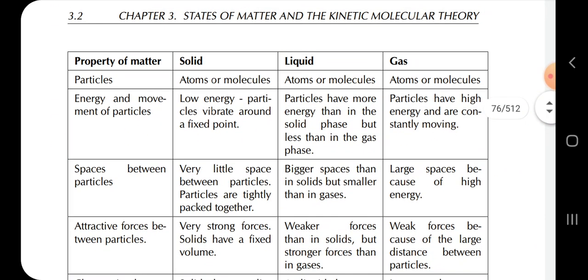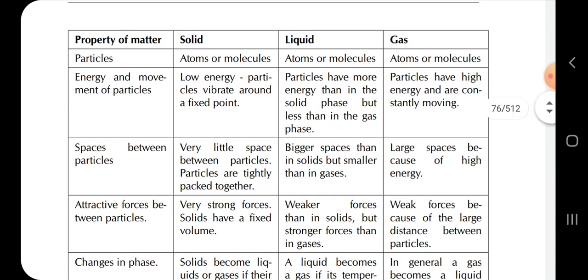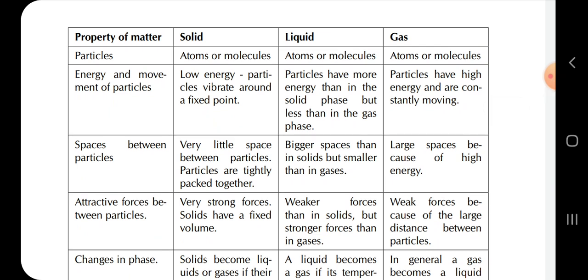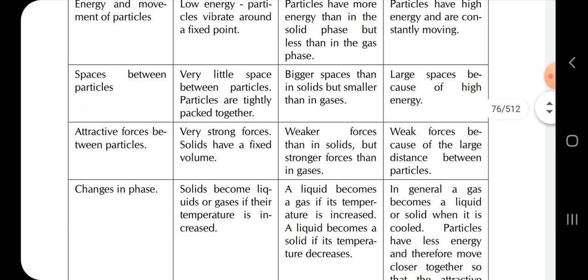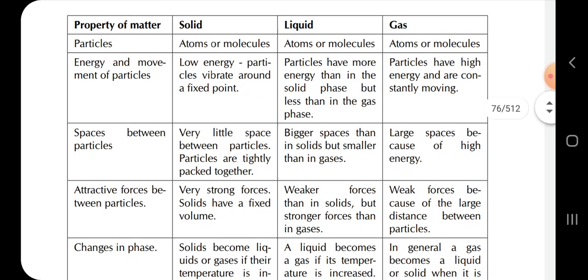Now let's look at the properties of matter. We have solid, liquid, and gas. We're going to look at the properties of matter: particles, energy and movement of particles, space between particles, attraction force between particles, and change in phase. So for the particles, in solid they are atoms or molecules.